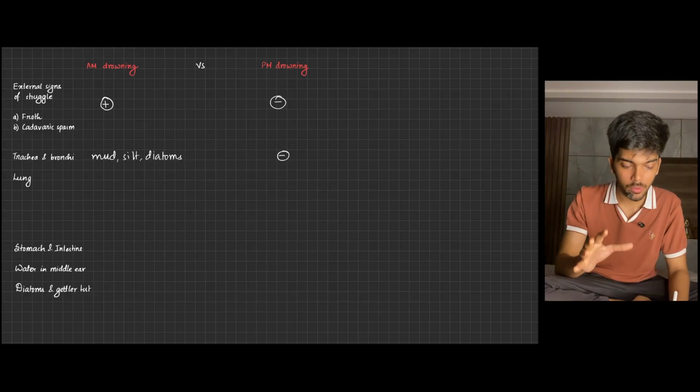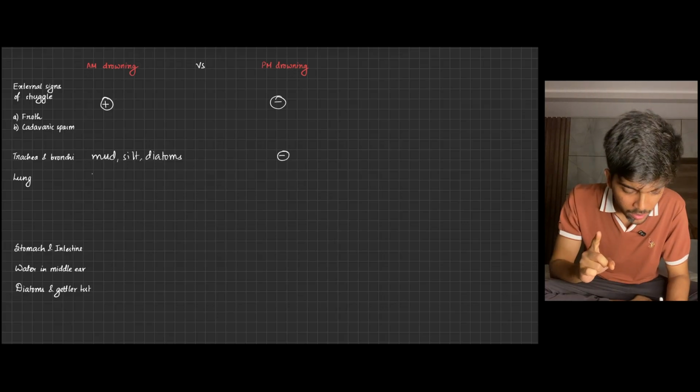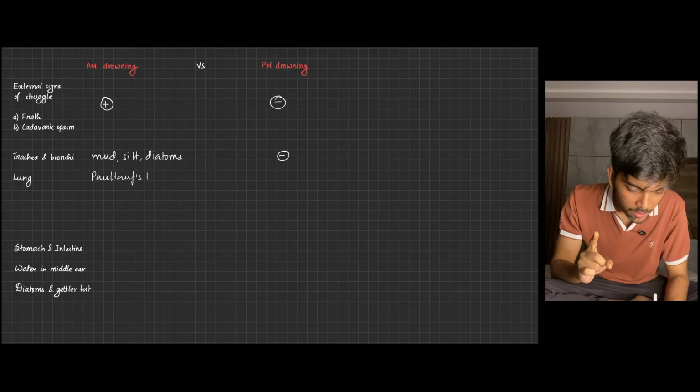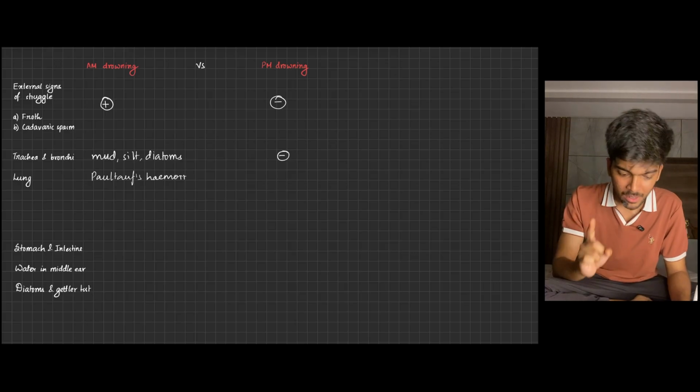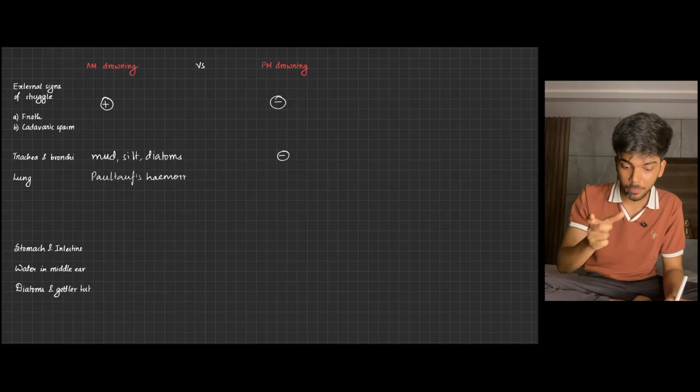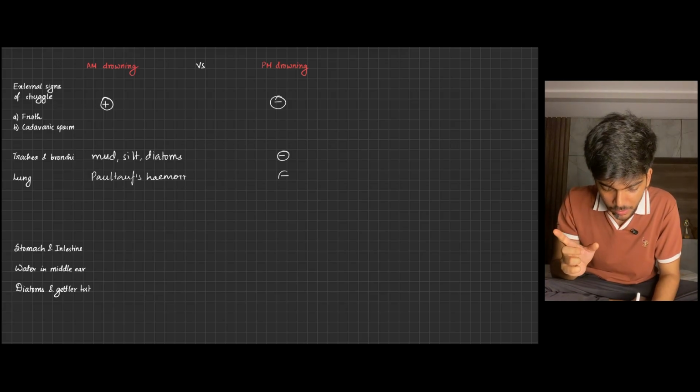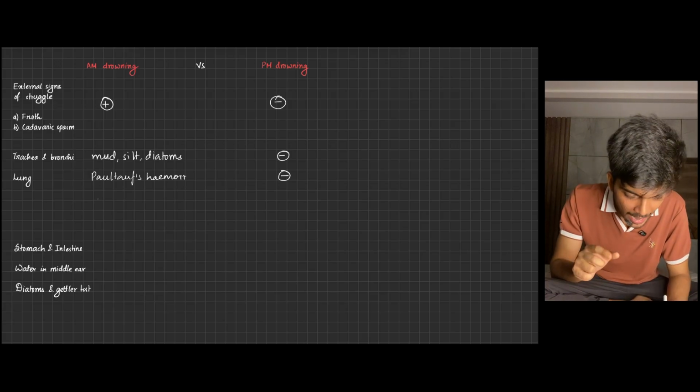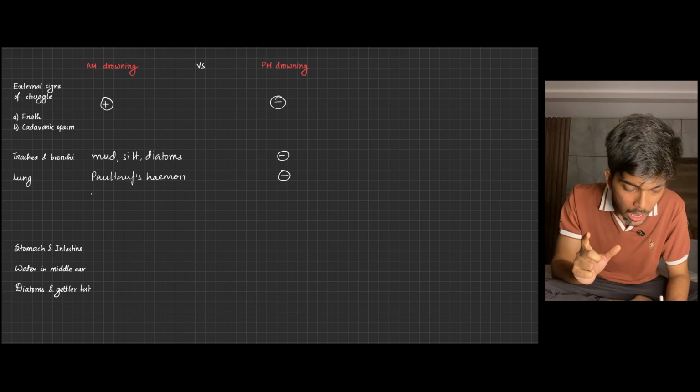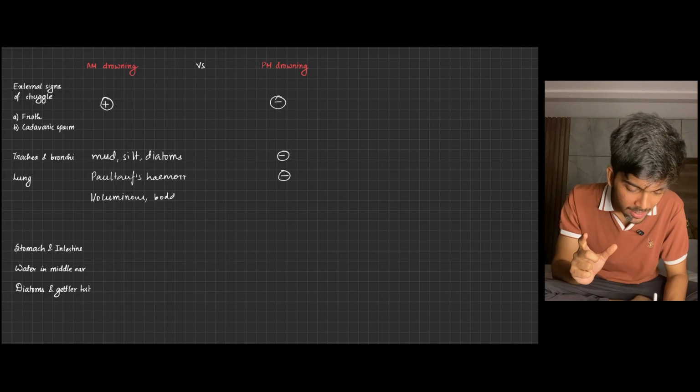Talking about lung, the lung, number 1, shows Paltauf's hemorrhage in ante-mortem drowning, because it's a sign of struggle. Post-mortem drowning, the hemorrhage is absent. In ante-mortem drowning, the lung is voluminous, heavy, boggy, distended.